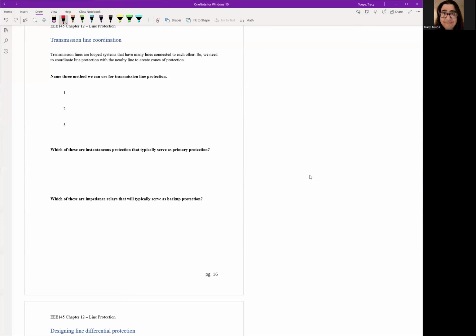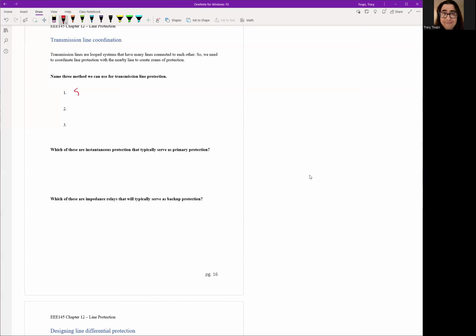So we need to make sure that when we coordinate line protection for our lines, we're paying attention to our neighboring lines and other areas that we could affect if we program it incorrectly, or we can act as a backup for our neighbors as well. So it's kind of like a mesh level of protection systems on top of each other to protect the whole power grid. Now, there are 3 methods we can use for transmission line protections.